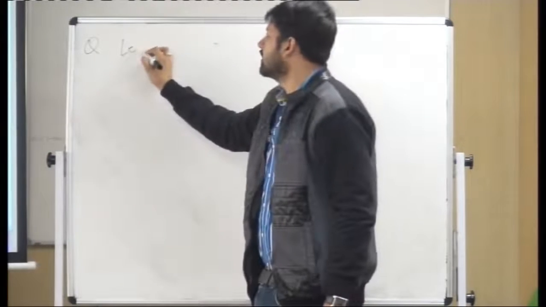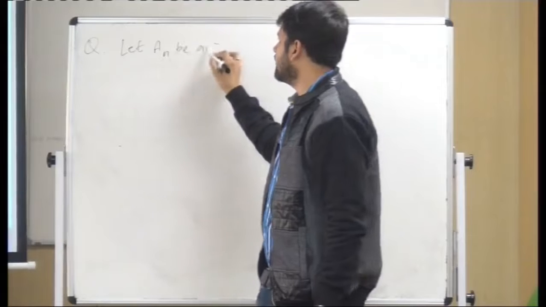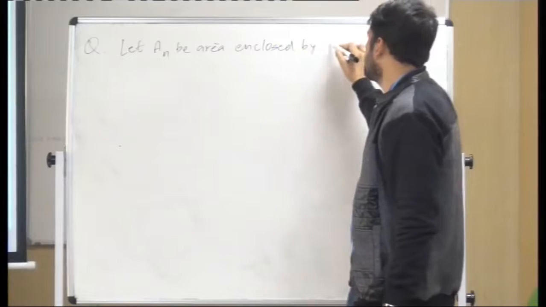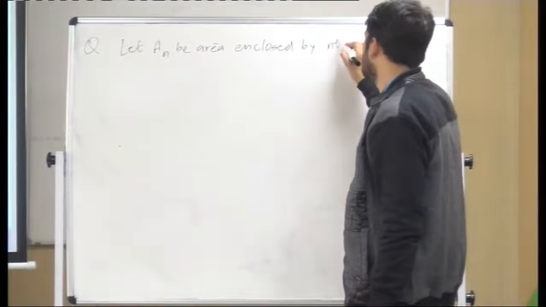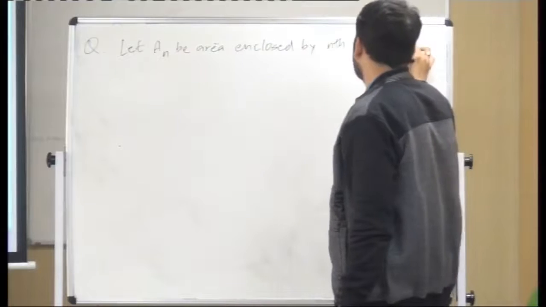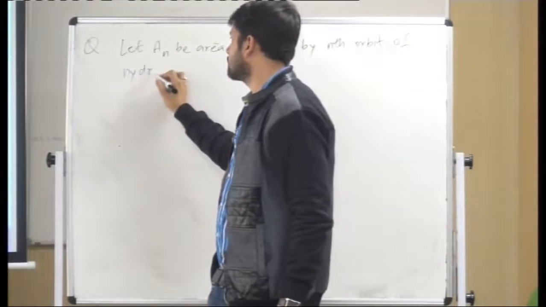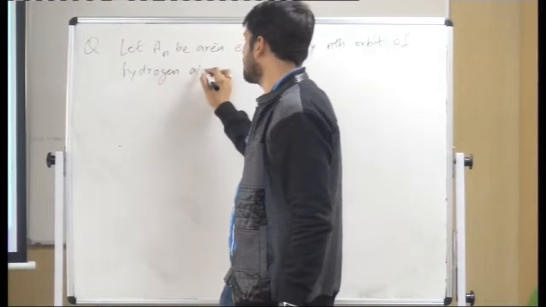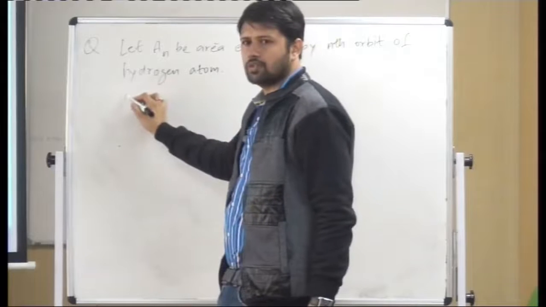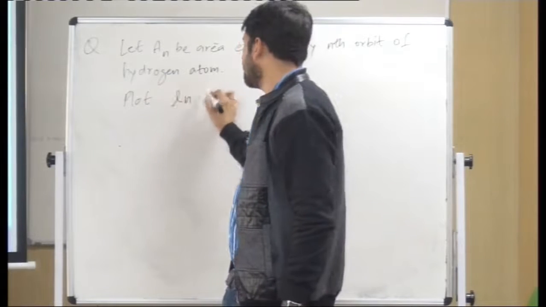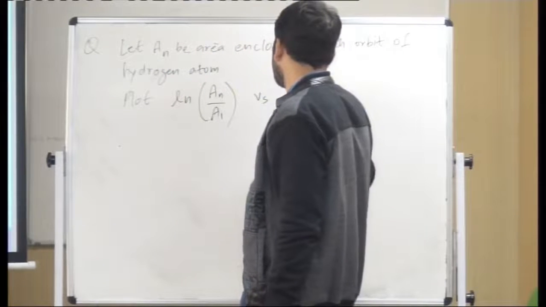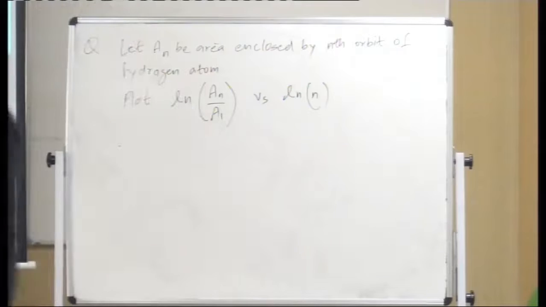Now the first question is this: let An be the area enclosed by the nth orbit of hydrogen atom. Okay. So plot ln An by A1 versus ln n. Okay.